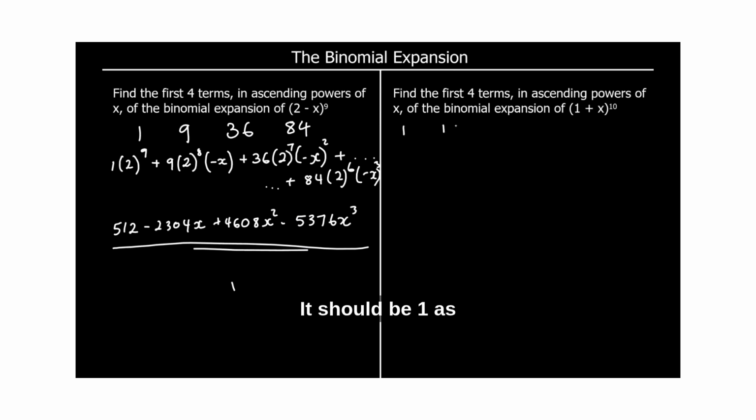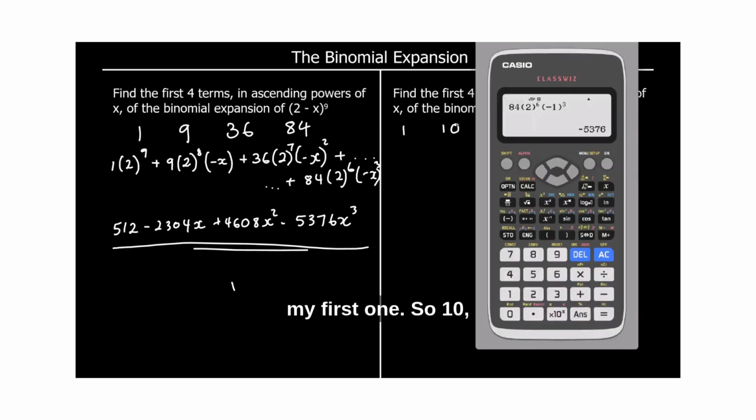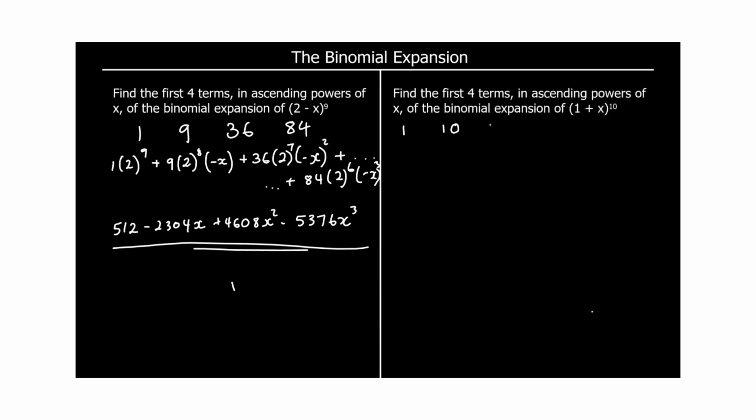It should be 1 as my first one. So 10 choose 0 will be 1. Then 10. Then 45. And 120. And the first one's going to be 1 times 1 to the power of 10. I'm just going to write in 1.